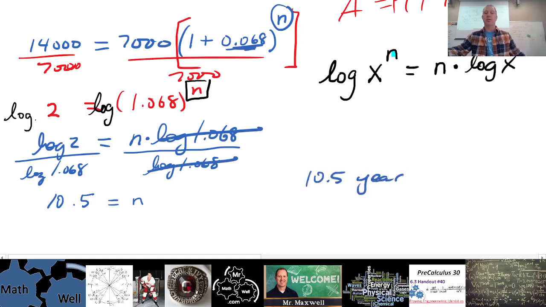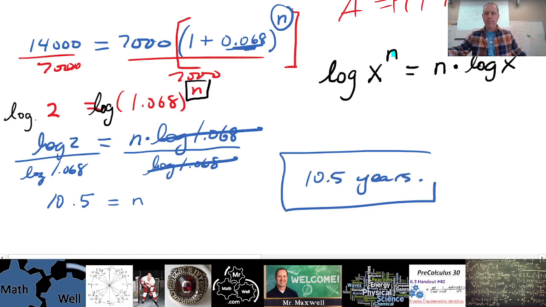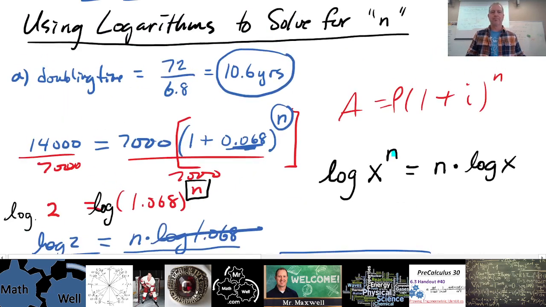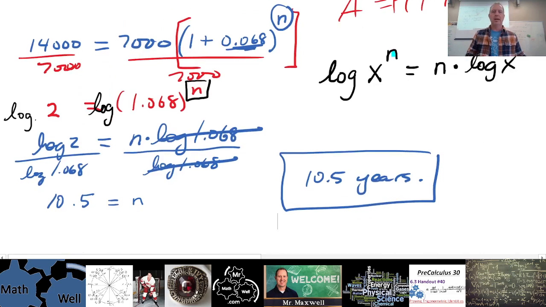Yeah, question. Because it's done annually, doesn't that mean that it needs to be either 11 or 10 years? Because it can't be 10.5 years because it doesn't pay it back at 10.5. Yeah, I think you can stick with this.